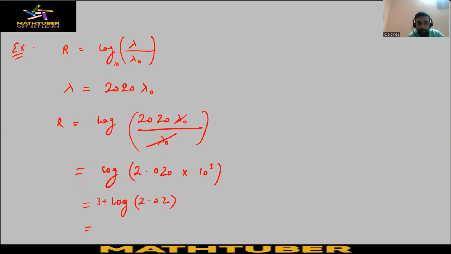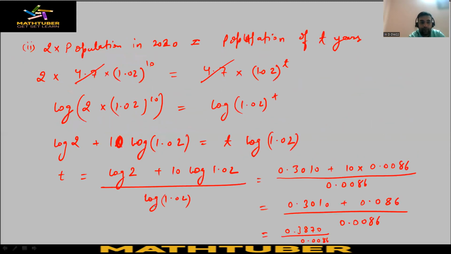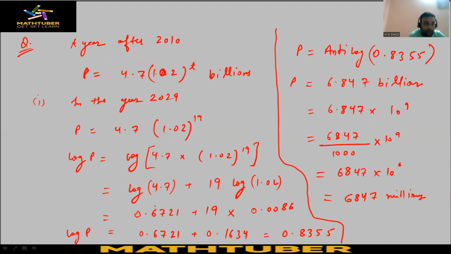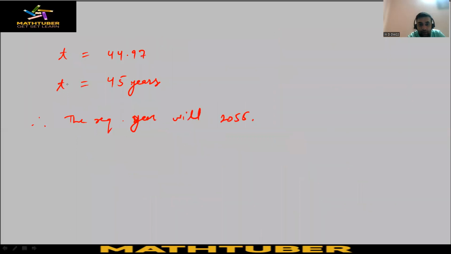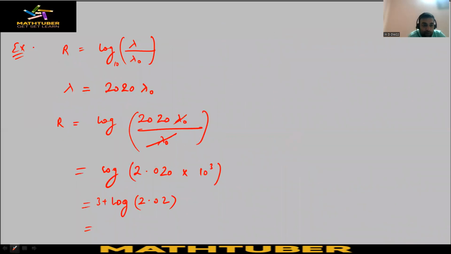So now you have to find out the value of log of 20 at second column. So let's see the log table. Log 20 at second column is 3054. So 0.3054, which will be 3.3054.